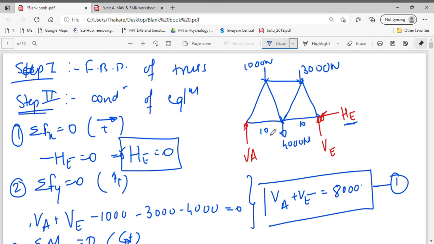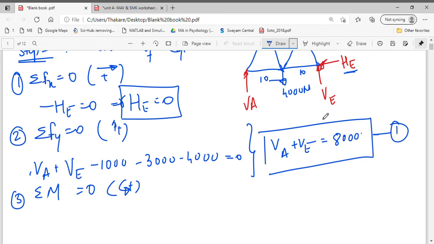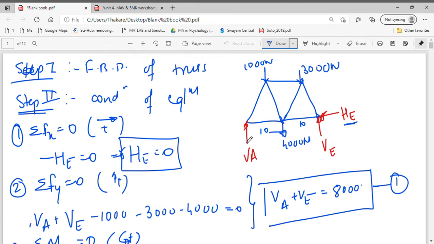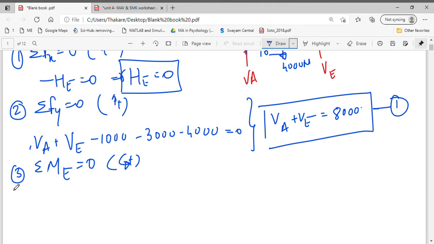So let us consider summation of moments about point E. If I take summation of moments about point E, I will have the moment of force VA going in the clockwise direction, so that will be minus VA. The formula for moment is load into perpendicular distance, so VA into 20.